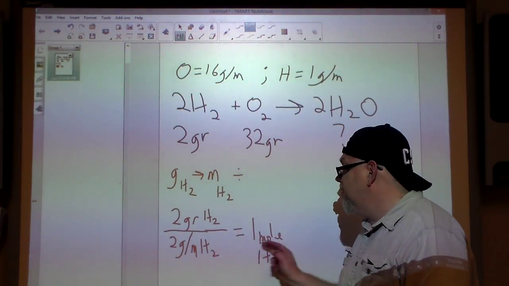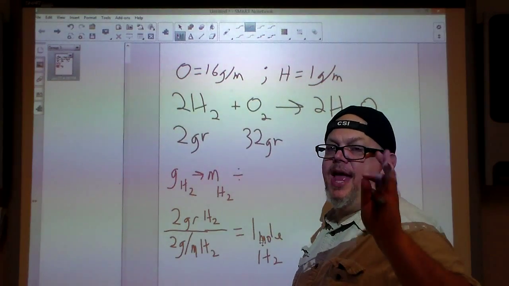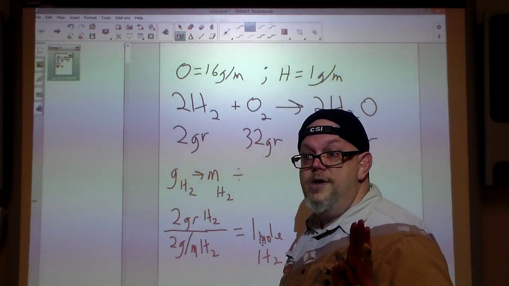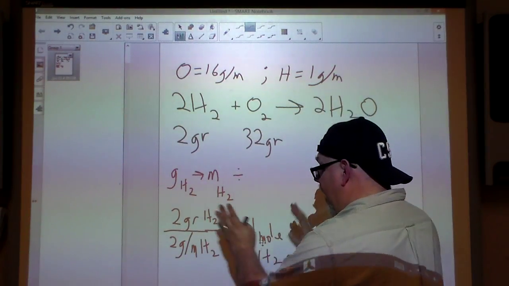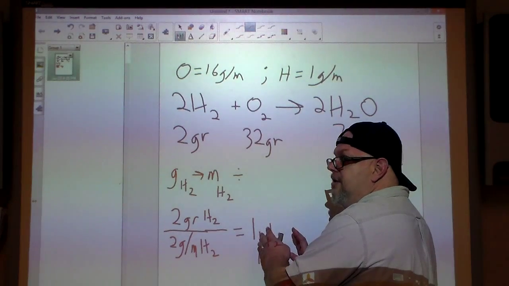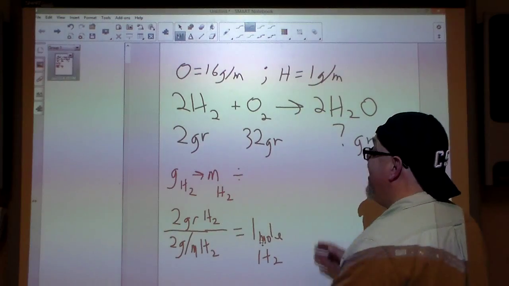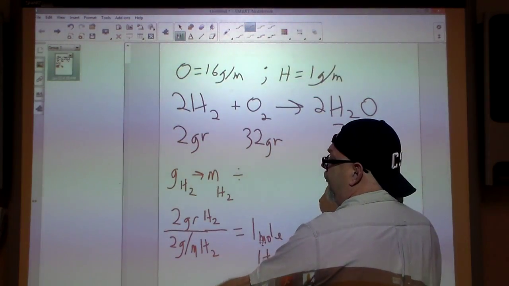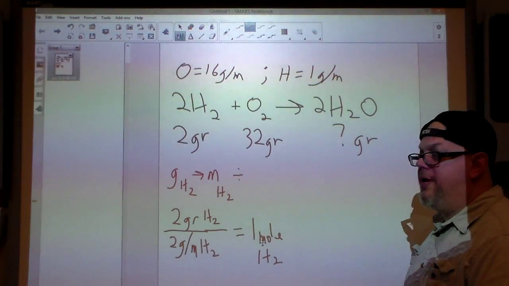We are assuming here, working with the hydrogen, that the oxygen is in excess. It's unlimited for now. We're doing 2 possible things. We're going to look at hydrogen as our only reactant and oxygen's in excess. Then we're going to flip it and do the other way, where we figure out oxygen the same way so that we can figure out how many moles of water we get.